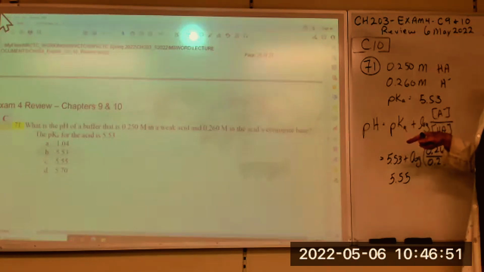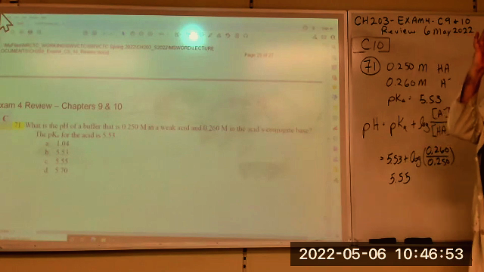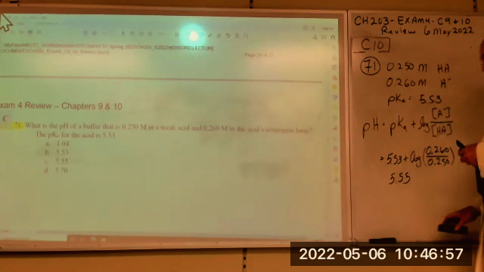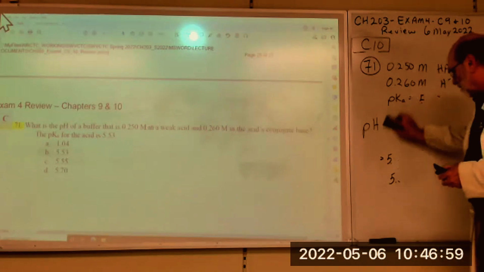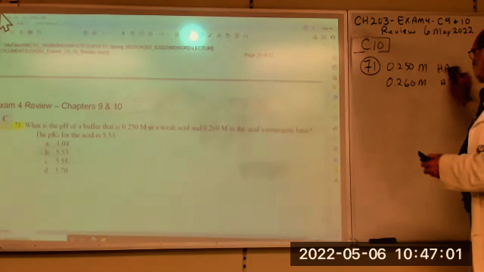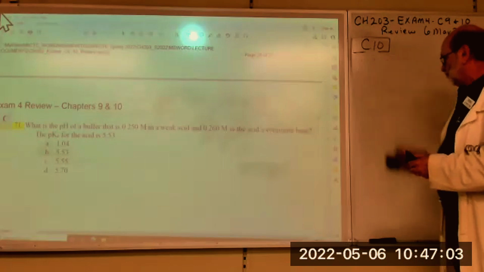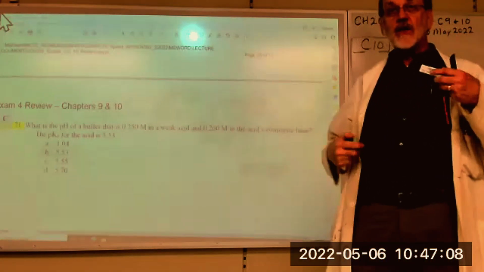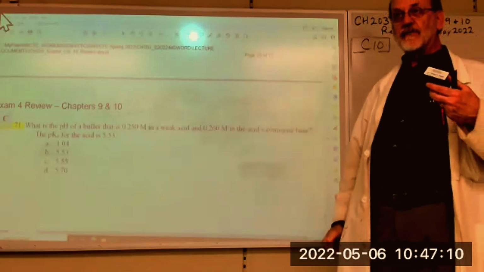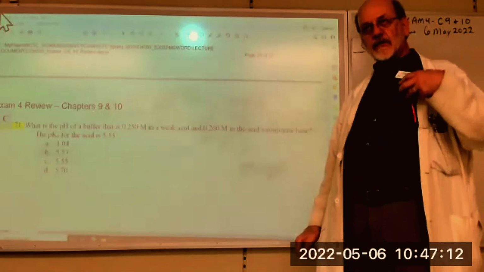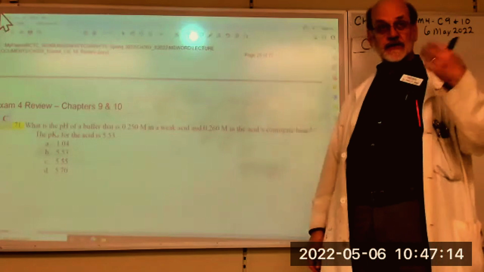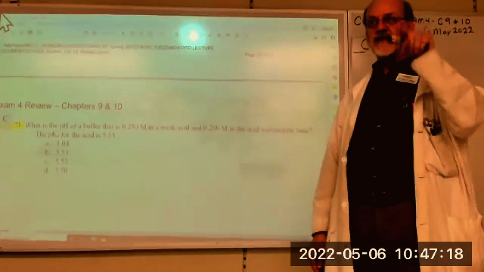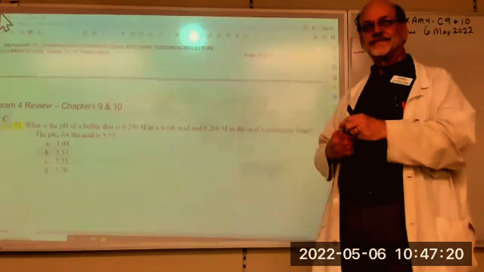And what's the log of 1? 0. 10 to the 0 power is 1. So if you decide that you've got a weak acid that's going to be the base of your buffer, then you know where you want that buffer pH to be. If you decide that you need a buffer pH of a certain value, then you look for the weak acid that's got a pKa near that value. Okay.